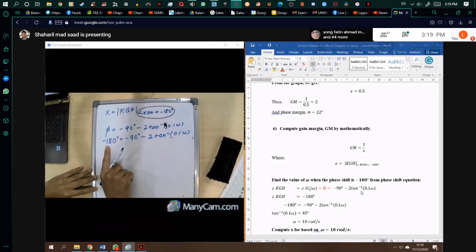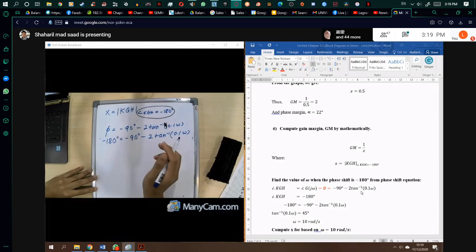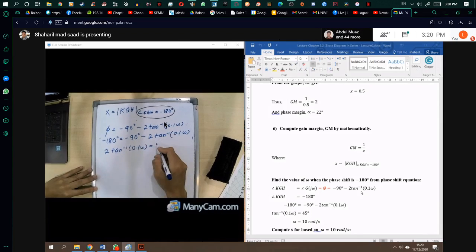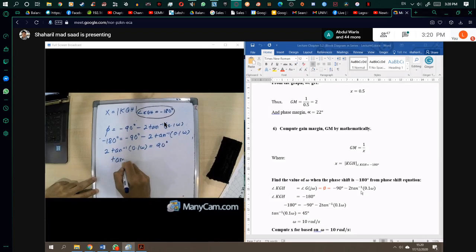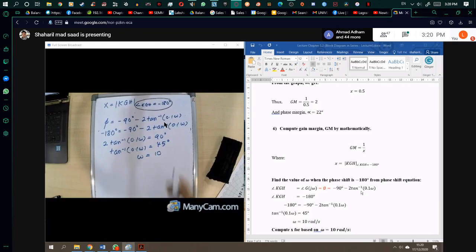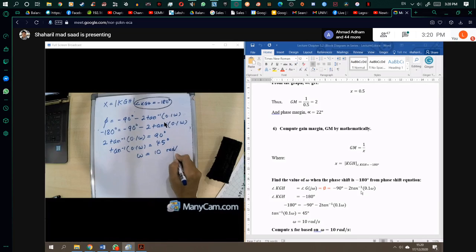After you move the minus 90 degrees over, plus 90 degrees, you can find 2 inverse tangent 0.1 omega equals 90 degrees, so inverse tangent 0.1 omega equals 45 degrees, and then you can find omega here. You got 10 radians per second.